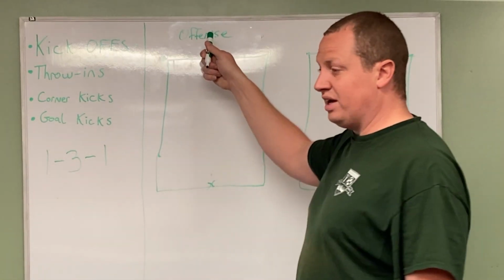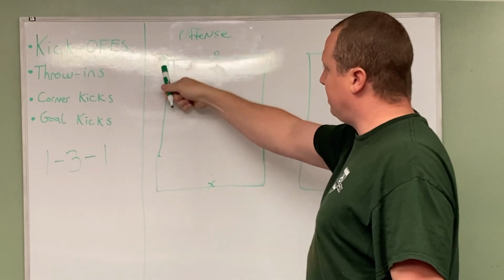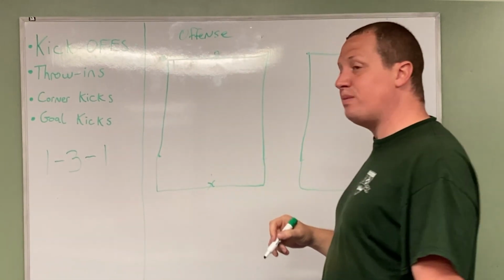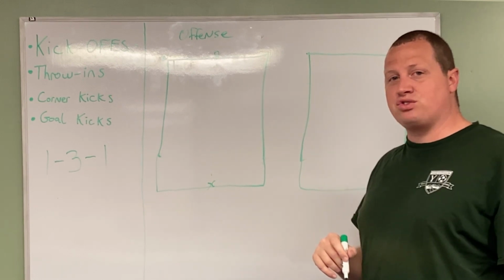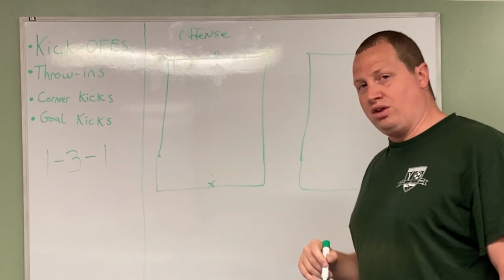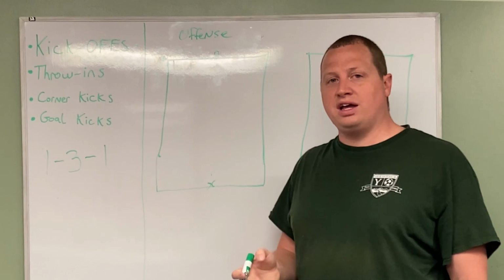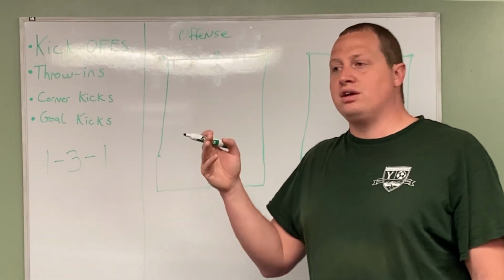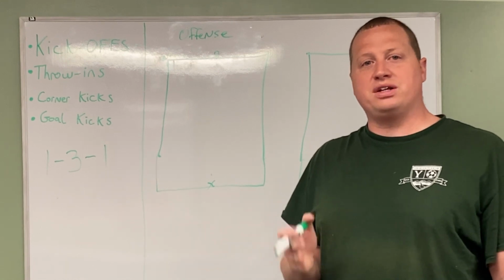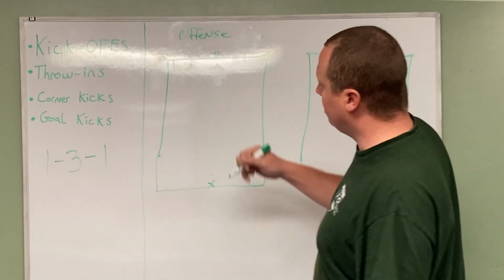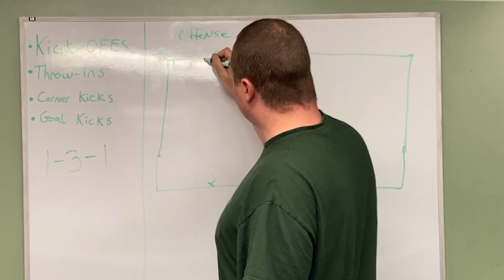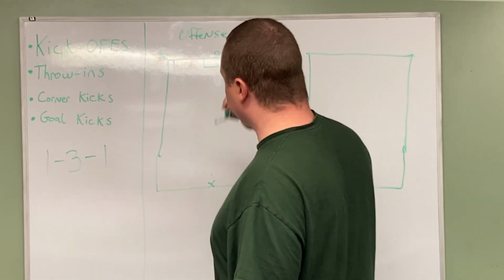When we're on offense, okay, and the kick-in's up here, and this is their goalie, just to make it easy for the kids, we're always going to have the striker kick it in, okay? A lot of times our striker has a strong leg, and they're able to directionally kick the ball where we need it, and it's easy for the kids to remember. And then here's the small goal box right there, okay?